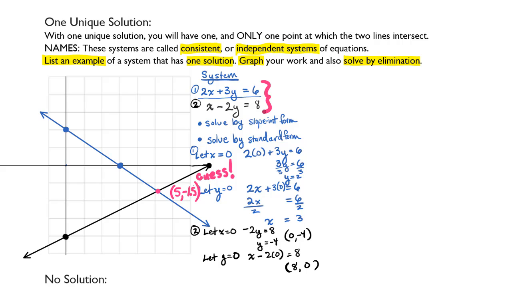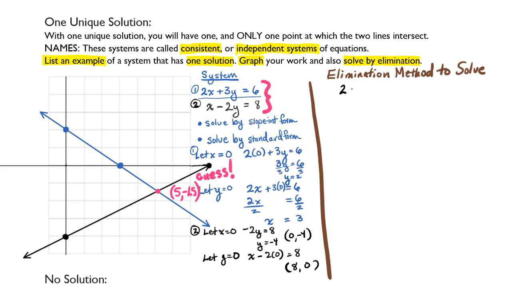So elimination comes in really handy at this point. So I'm going to just draw a line here, and now we're going to use the elimination method to solve.